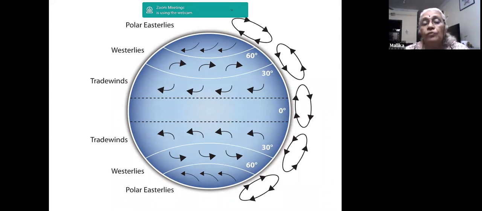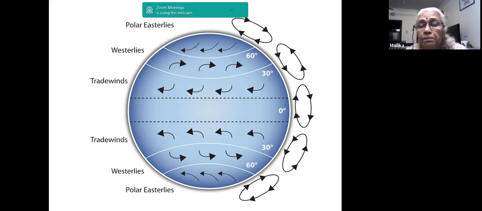Then winds that are blowing from subtropical high pressure to subpolar low are known as the westerlies: southwesterlies in the northern hemisphere, northwesterlies in the southern hemisphere. Then winds that are blowing from the polar high towards the subpolar low are known as the easterlies, coming from an easterly direction. The surface area is less there. It doesn't seem to come from the north.